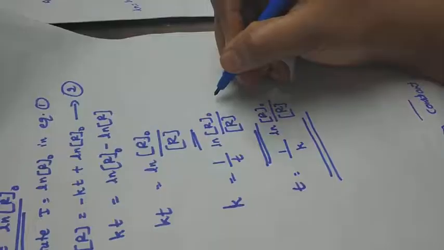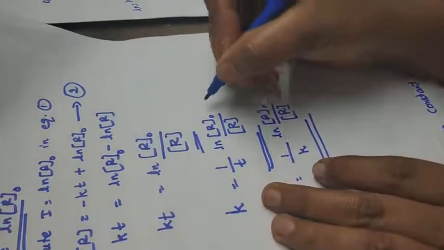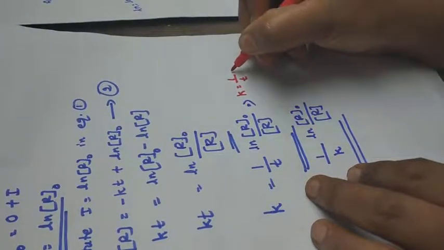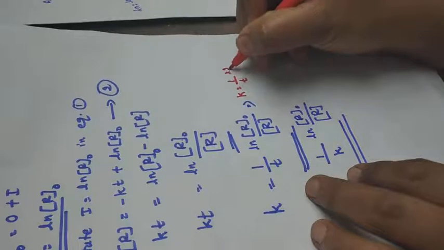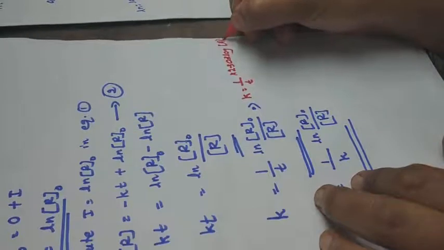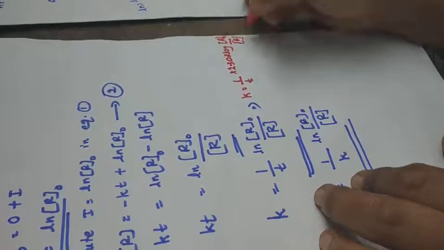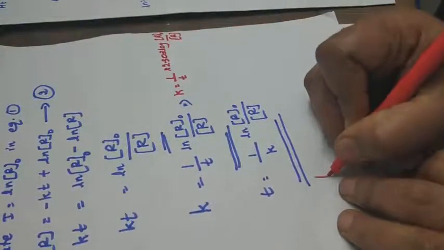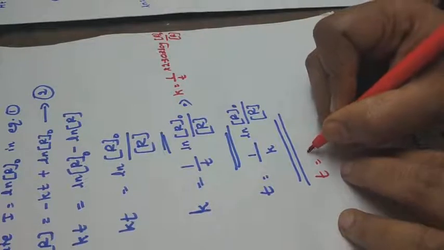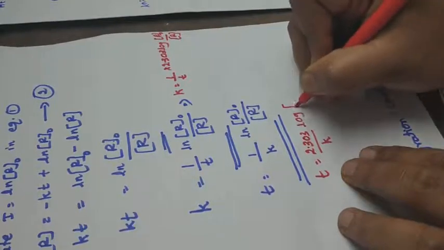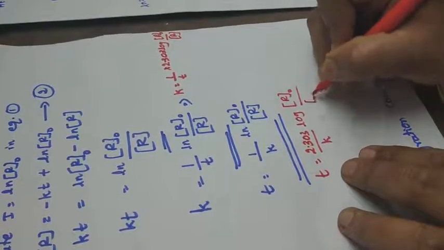So if I write this equation in terms of log, K equals 1 by T into 2.303 log of R0 divided by R. We can also write T equal to 2.303 divided by K into log of R0 divided by R.